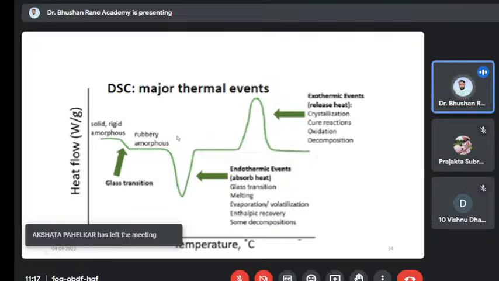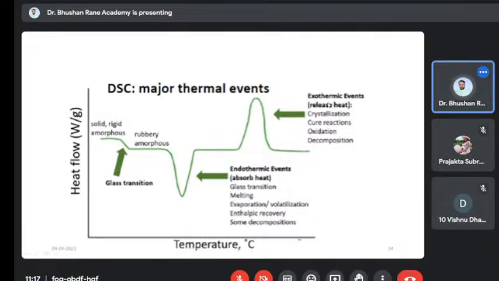So negative peaks indicate this type of physical change, and there are also exothermic events. If the peaks are positive, it may indicate crystallization, cure reactions, or the molecule undergoing oxidation or decomposition in some cases.